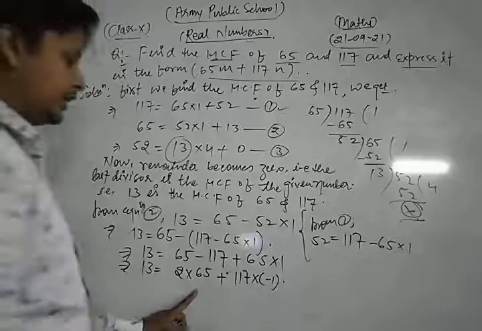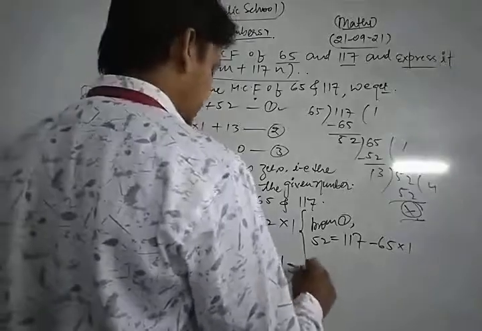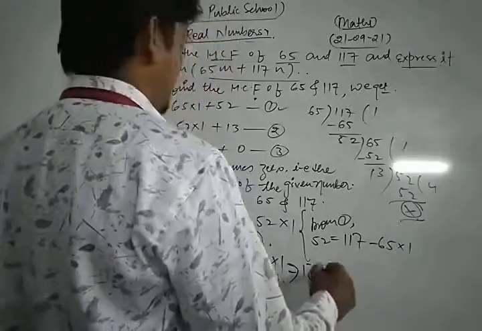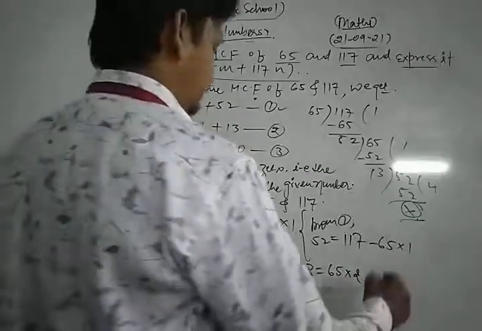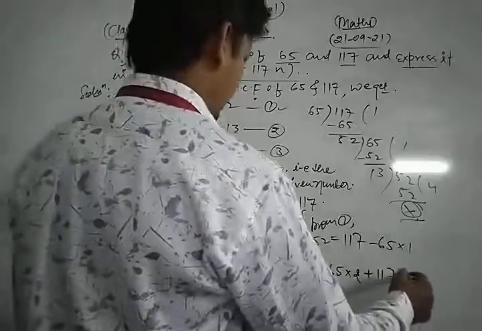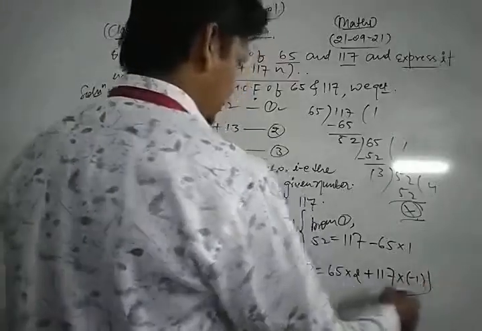Okay, now we can write the HCF as 13 is equal to 65 into 2 plus 117 into minus 1.